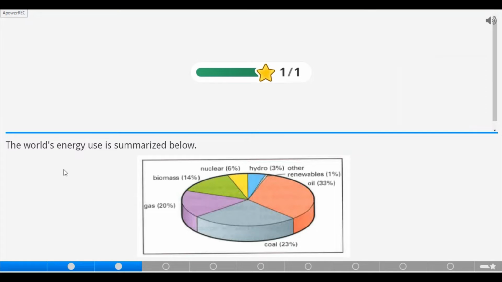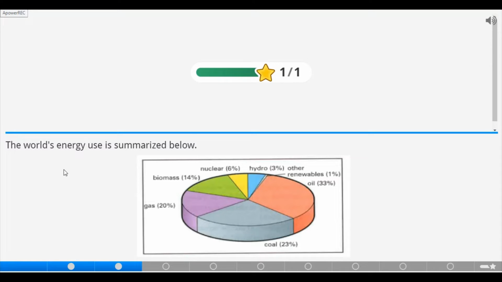The world's energy use is summarized below. For the energy use that is described here, majorly the renewable and the non-renewable type. Coal is non-renewable, gas is non-renewable, biomass is non-renewable, nuclear is non-renewable because nuclear makes use of nuclear materials. Hydro is renewable, other renewables too.